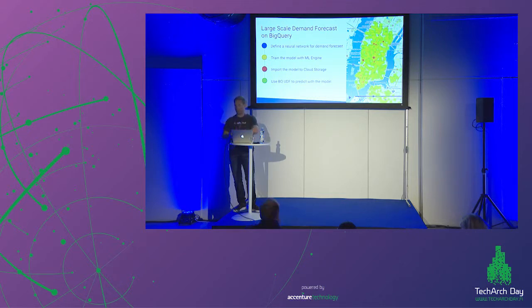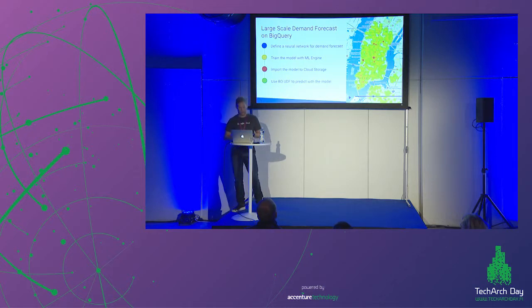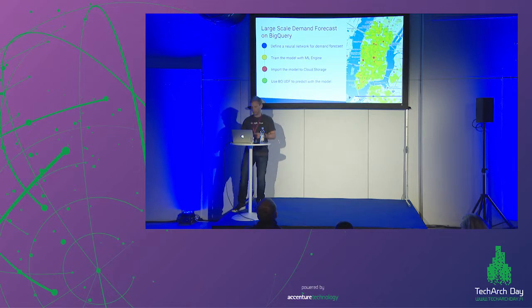So that means that if you create your library of JavaScript functions, they can then be available to all the analysts that use whatever. Maybe they use a visualization tool, so they don't really write their SQL, but they drag and drop their SQL, and they can also use these functions.